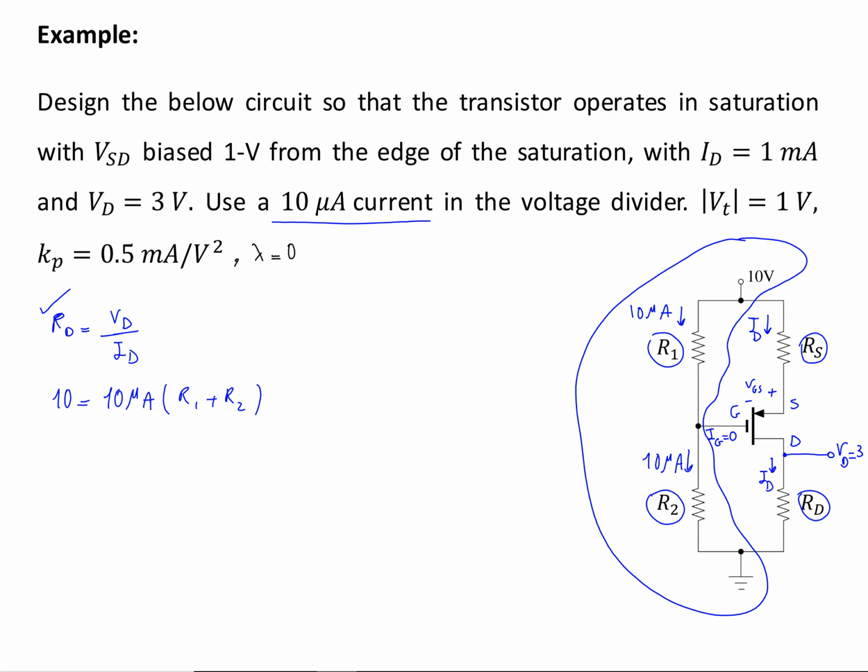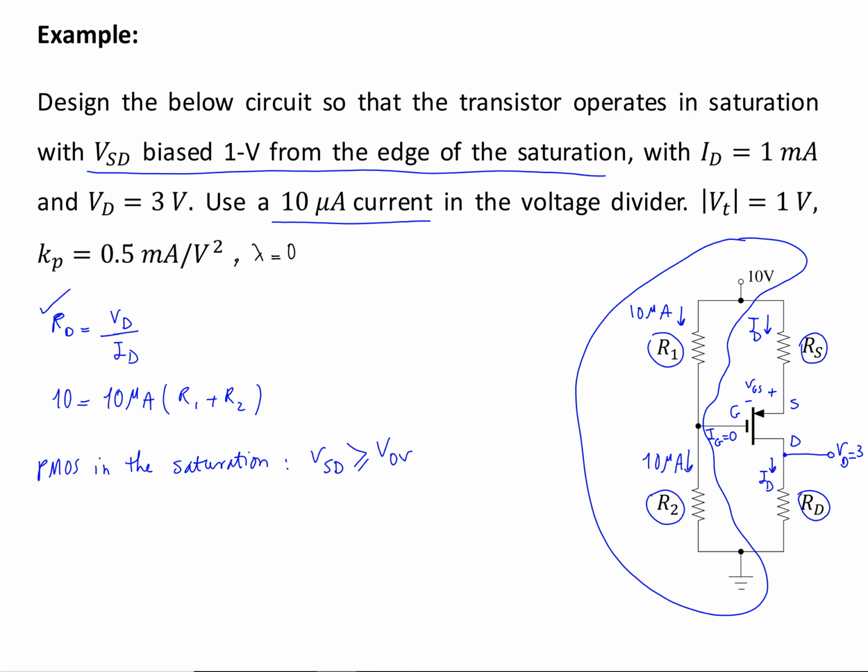Other than that, what else? VSD is biased 1 volt from the edge of the saturation. I want to use the transistor in the saturation region. So PMOS in the saturation means that VSD should be greater than or equal to V overdrive.